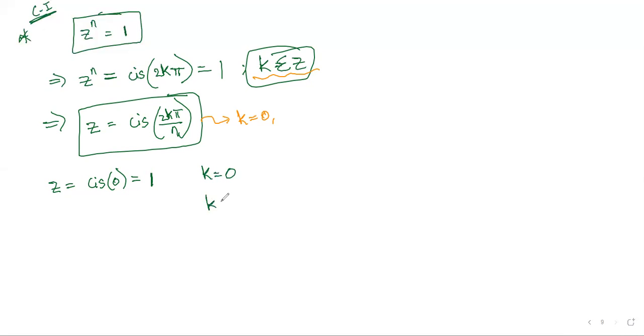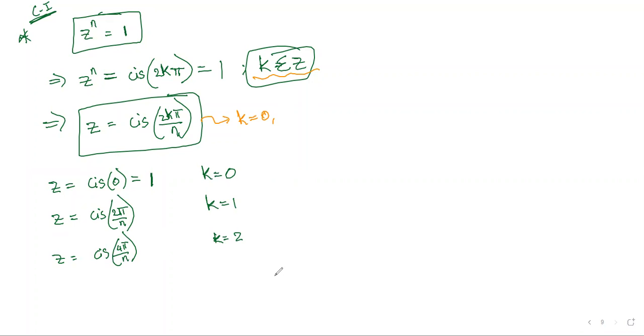When k equal to 1, z is equal to cis of 2 pi by n. When k equal to 2, I'll get 4 pi by n. So on and so forth.